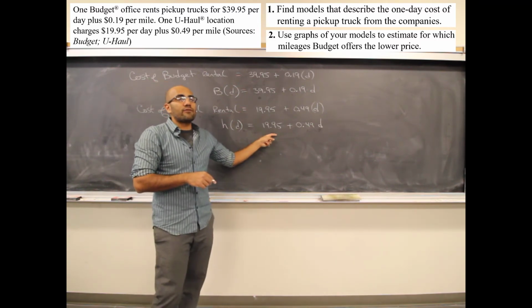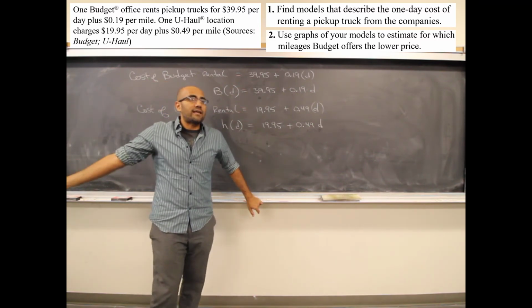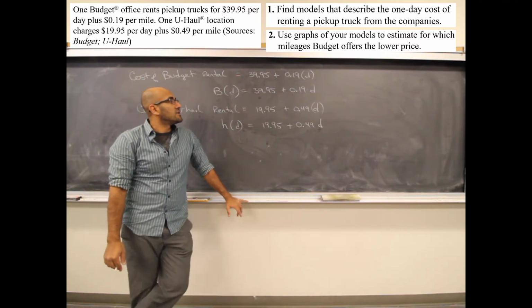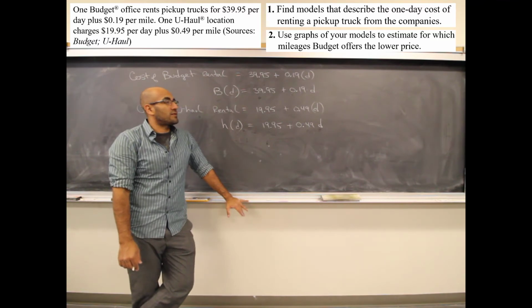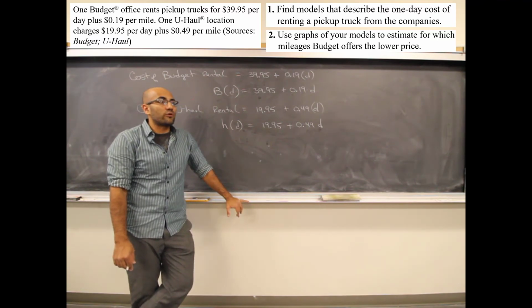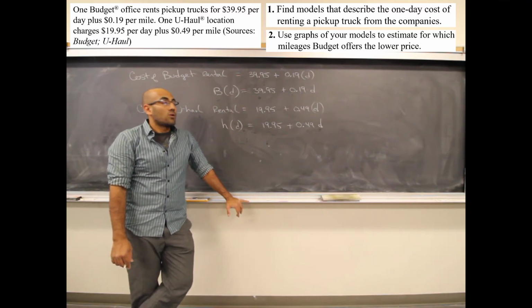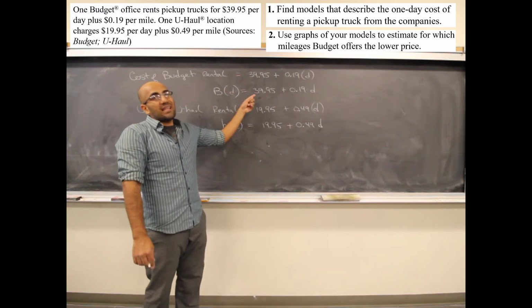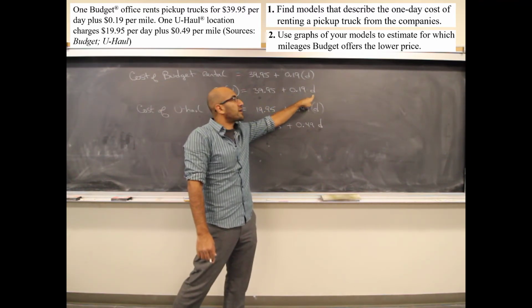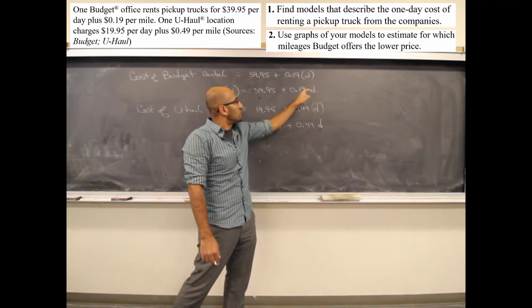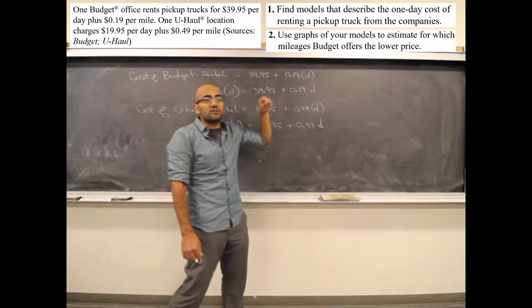On the other hand, if you're moving from Santa Barbara to San Diego, that's a pretty long distance. And add to that, let's say you have a lot of stuff, so you're going to make like 2 or 3 trips in 1 day. That's a lot of miles. So in that case, Budget might be better, right? Because your D, your distance when you come back to turn the truck in, is going to be a big D value, so you want to make this slope as small as possible.